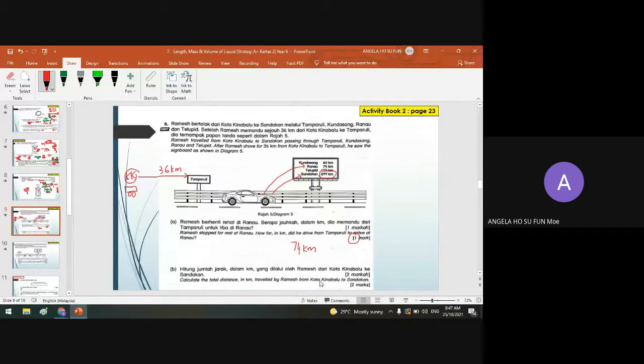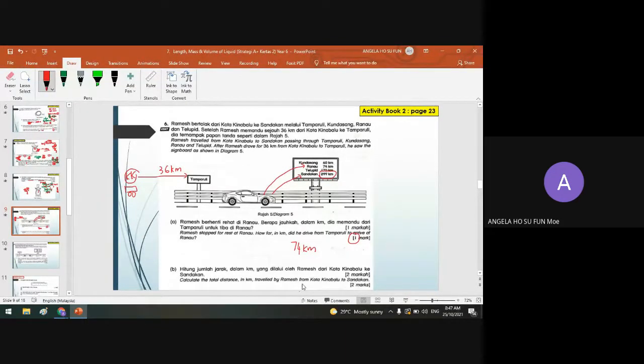But now you need to go from KK. Ramesh from KK to Sandakan. From KK to Tampaluri is already 36 kilometer. From Tampaluri to Sandakan is 299 kilometer. So how far did he travel from KK to Sandakan? How do you do this?